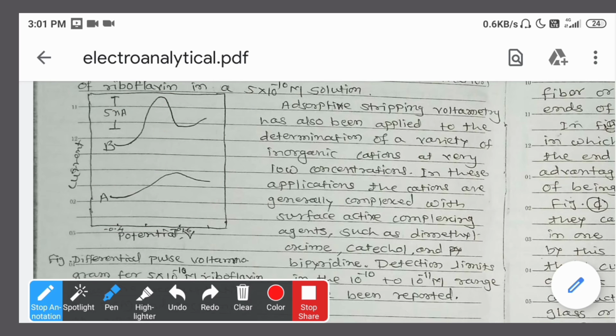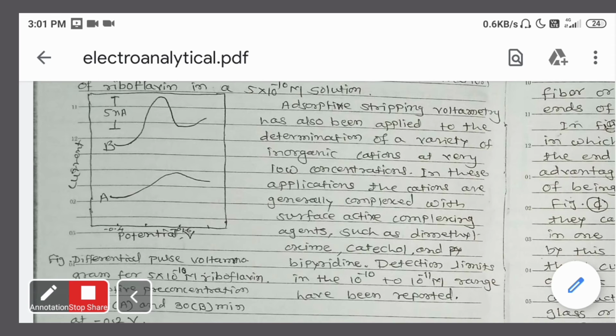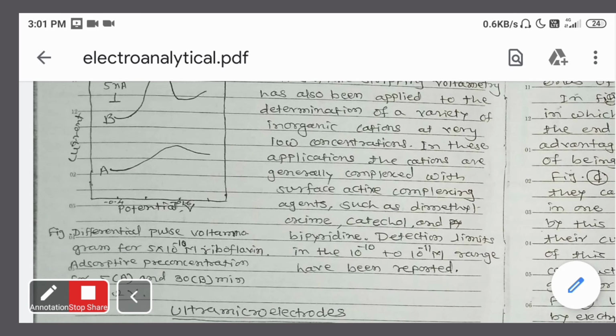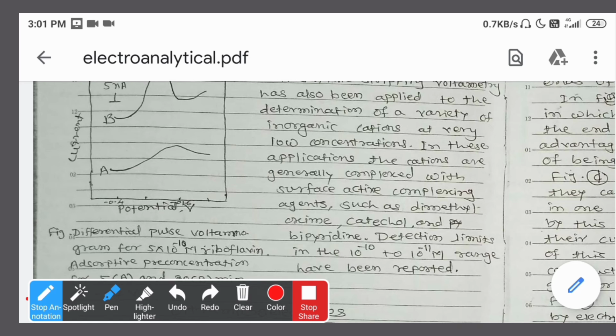Adsorptive stripping voltammetry has also been used for the determination of organic as well as inorganic compounds. A very low concentration of analyte, about 10 raised to minus 9 molar, can be determined. In this application the cations are generally complexed with surface active complexing agents such as dimethyl glyoxime, catechol or bipyridine, and we get the lowest detection limit, 10 raised to minus 10 to 10 raised to minus 11 molar.